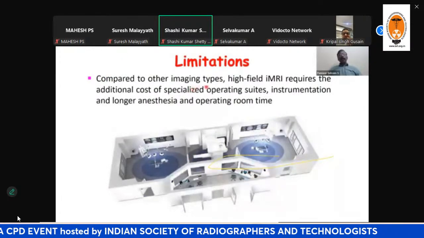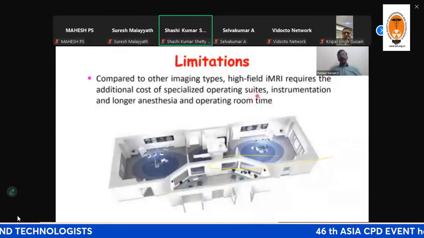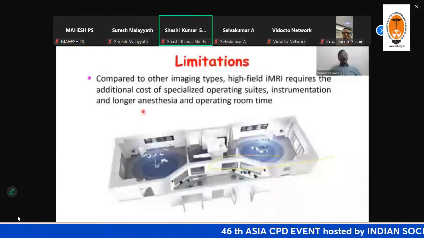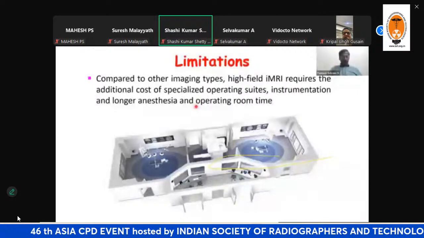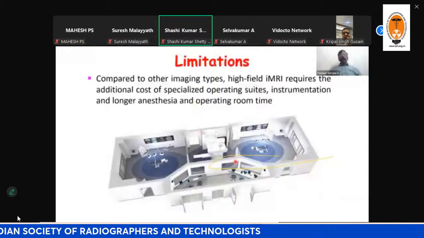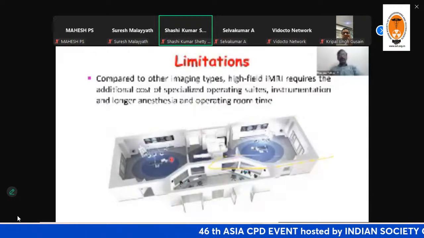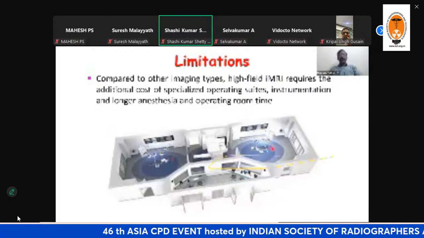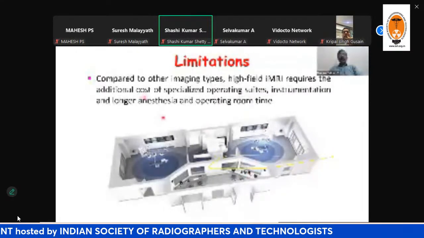Compared to all the other imaging types, high-field IMRI requires the additional cost of a specialized operation suite, instrumentation, and longer anesthesia and operating room time. So that is going to be a very expensive process. If MRI is going to be located in the operation theater, we have to see the compatibility. All the equipment or devices used in the theater should be compatible with MRI. So the cost aspect is going to be very high.